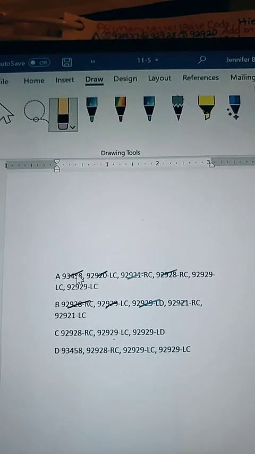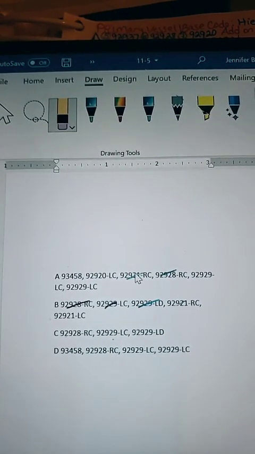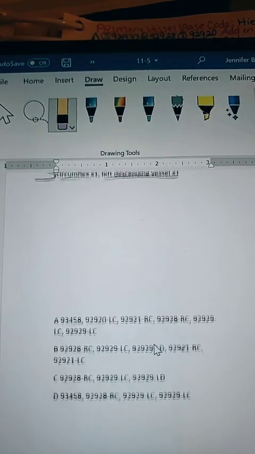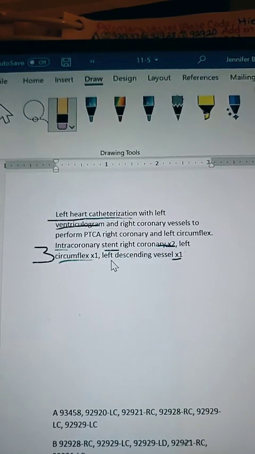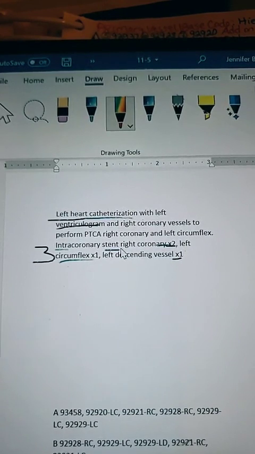Another way you can tell what the answer is going to be, which is going to help a lot better than the way I just tried to explain this: you see where the modifiers are, where it says RC, LC, LD. Look where that coordinates with right, left, and left. So our first thing in the last sentence went right.